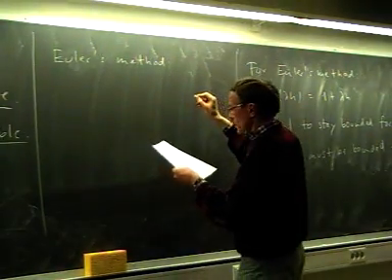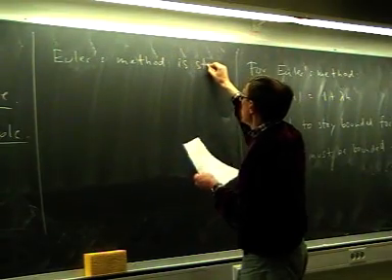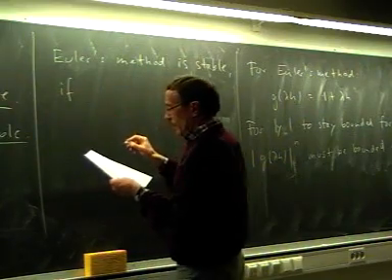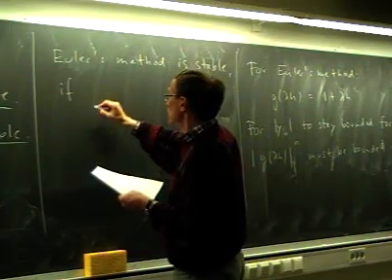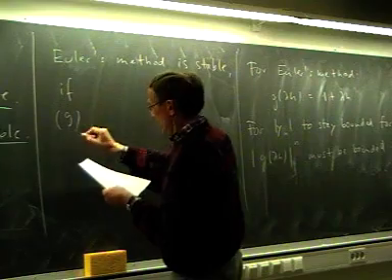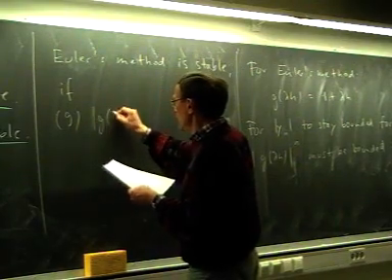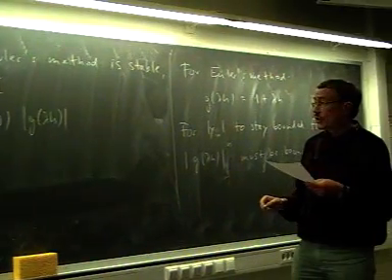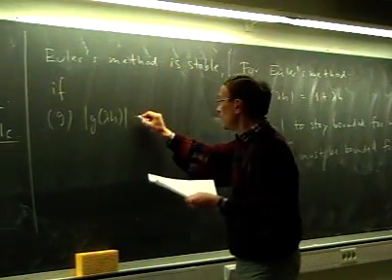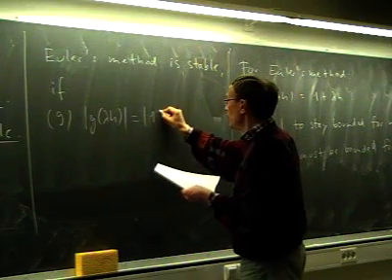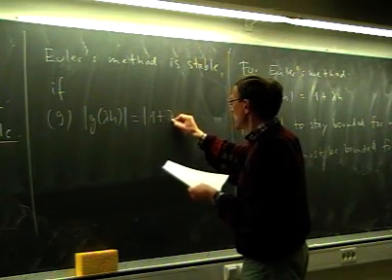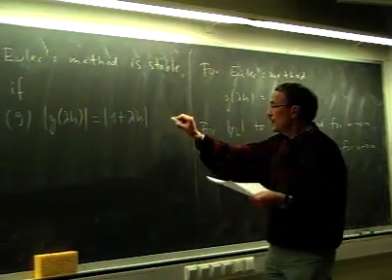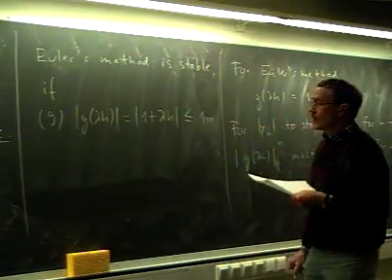Euler's method is then stable if, that is condition 9, the absolute value of the amplification factor G of lambda H that we have derived just before to be 1 plus lambda H has to be smaller than or equal to 1.